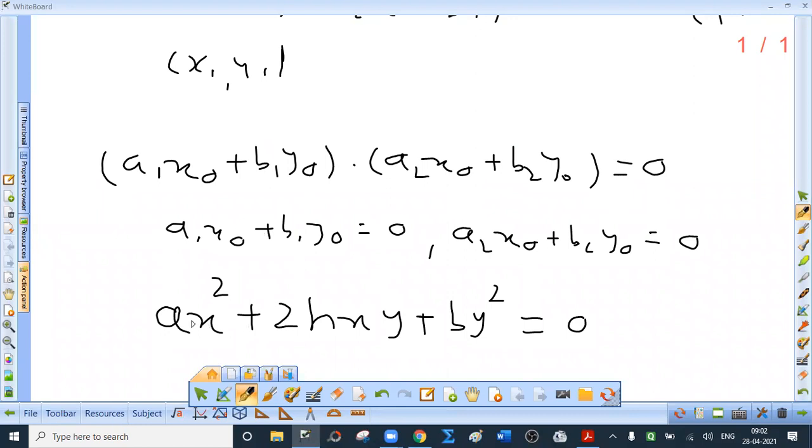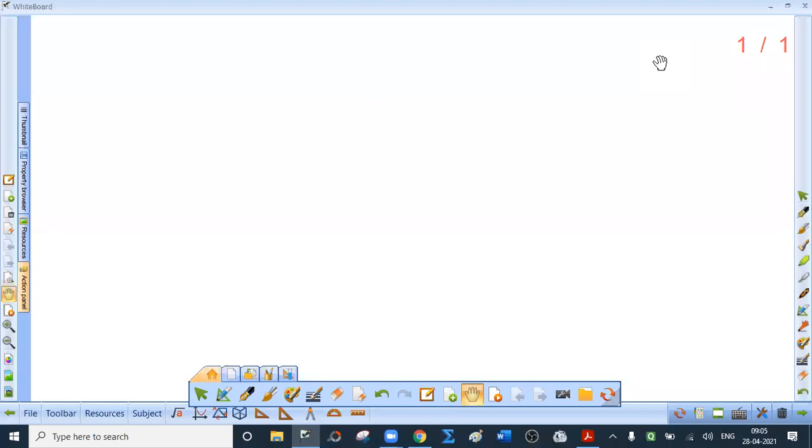That general second degree homogeneous equation in x and y, that is an equation of this type, represents pair of lines through origin. You have to tell me whether this statement is true or not. Very good. Most of the students have given the correct answer that the statement I made, which is the converse of the given theorem, is not correct.